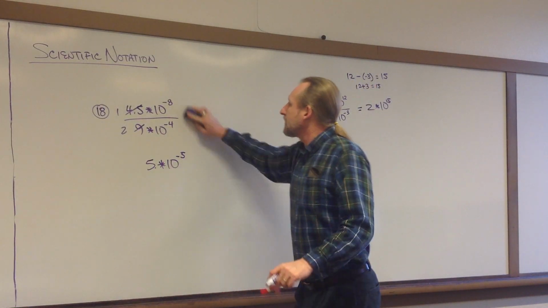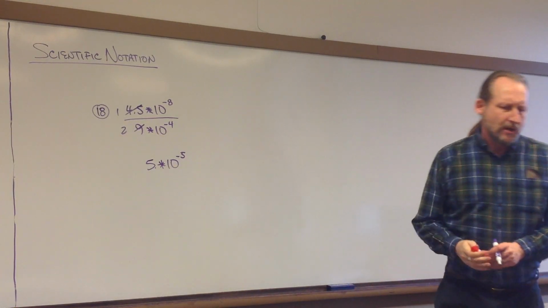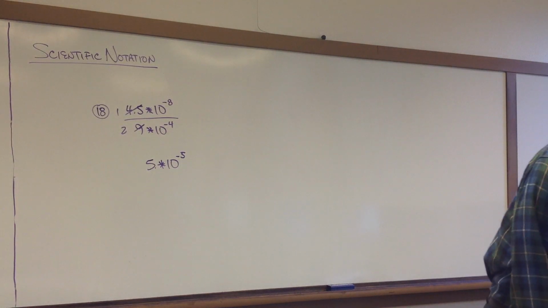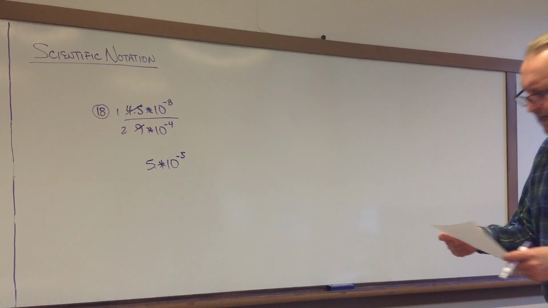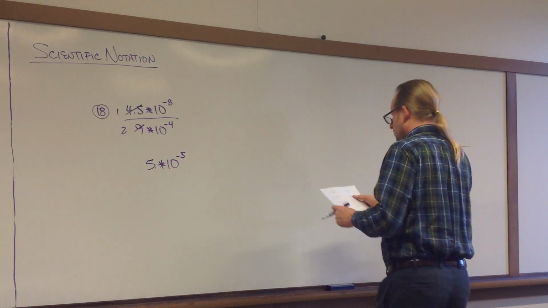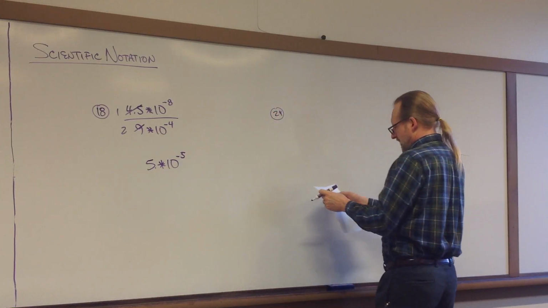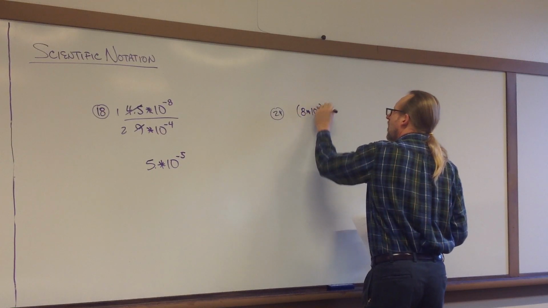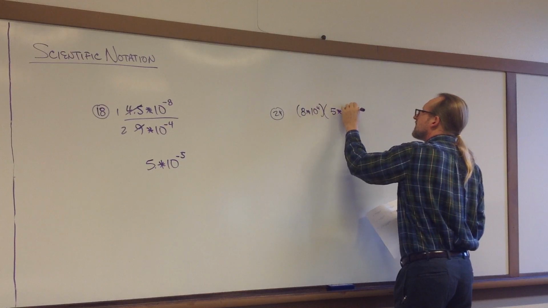Alright. Now let's look at these problems that are on the next page of this second handout. And here we've got some combined multiplying and dividing. So let's take a look at it. Problem 24. We've got 8 times 10 to the 4th times 5 times 10 to the 10th.